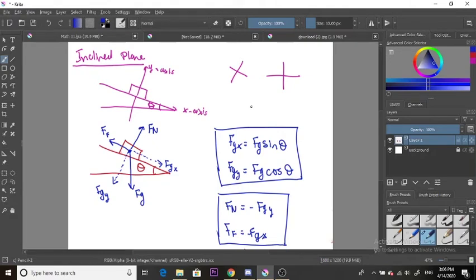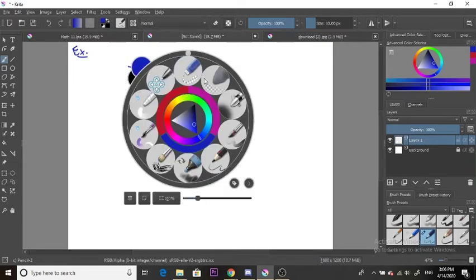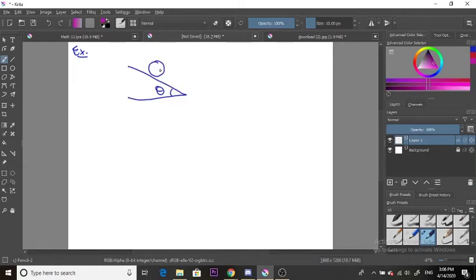Now, let's take a look at an example. So, let's say we have a ramp here. I'm sorry, this is an awful drawing. I'm going to draw a sphere. And then I'm going to draw in the free body diagram.